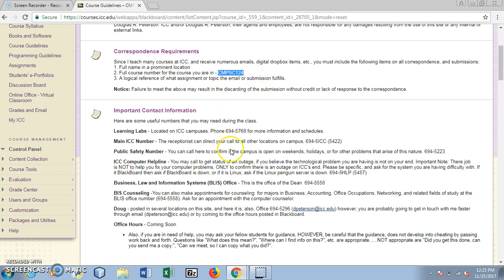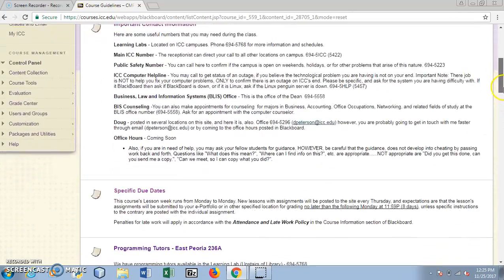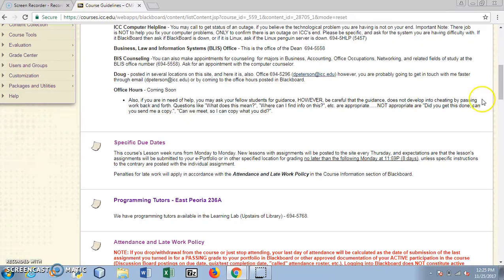Here's how to contact me, different ways, and also if you're having problems on campus. I know most of the time you guys won't be on campus, but just in case you have to call ICC, you can call my office, the dean's office, whatever. And like I said before, I'll have some office hours posted for you. Here's the due dates. I'll try and post what day everything's due.